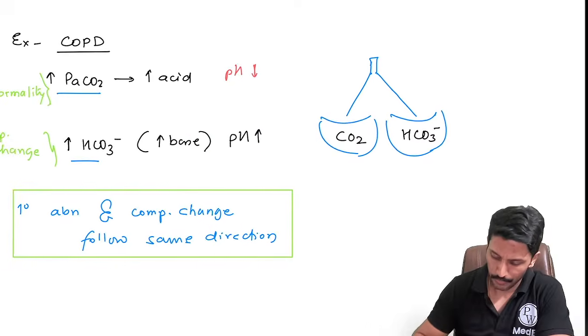Let's say there is an ABG, or let's say the same patient. If I give you the same patient, you will easily make the diagnosis. So let's take the ABG problem.